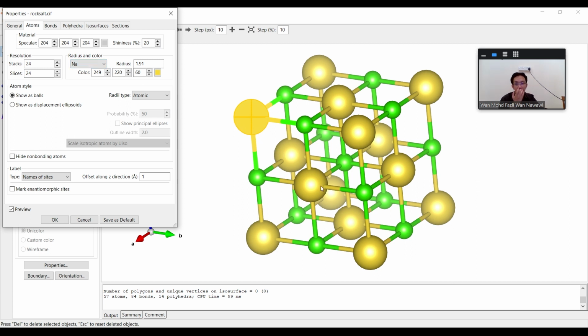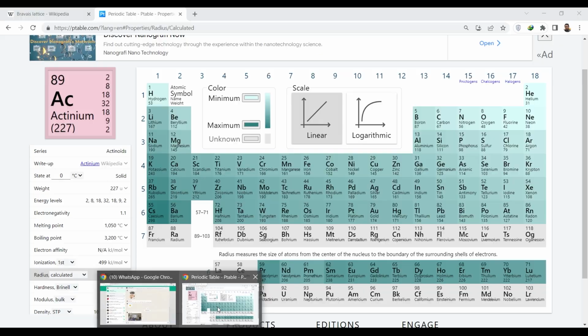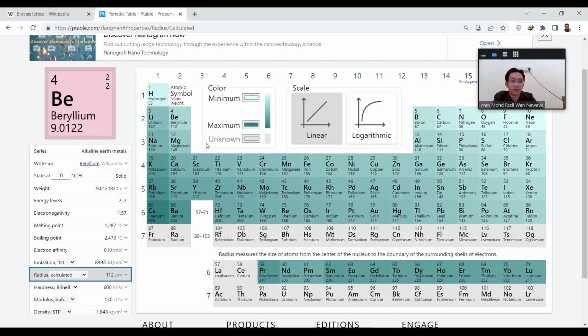The gold color is sodium, and you can see the radius is around this big. This is just what the software gives. And chlorine is the green one. Yeah, because of the size, if you look here, the color is because I set this radius.